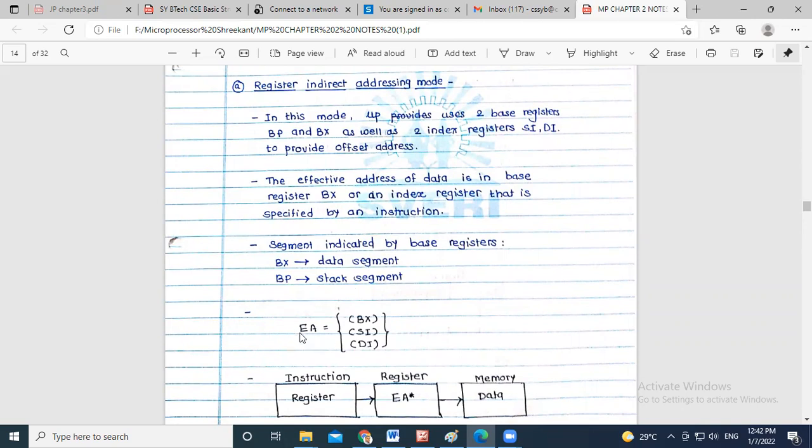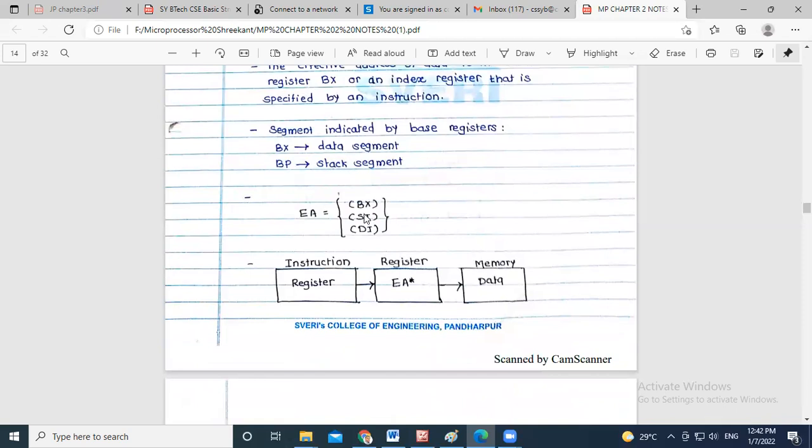So there is one effective address. In that effective address, using indirect addressing mode, there is BX, which is the data segment, SI, which is the source index, and DI, which is the destination index. You studied these in the execution unit of the microprocessor architecture. Just remember it.